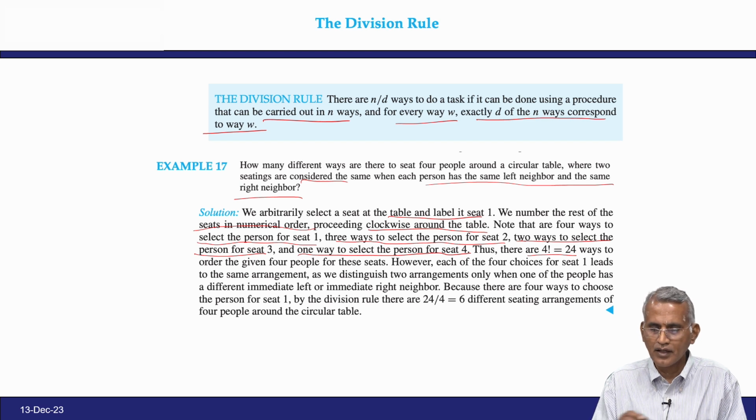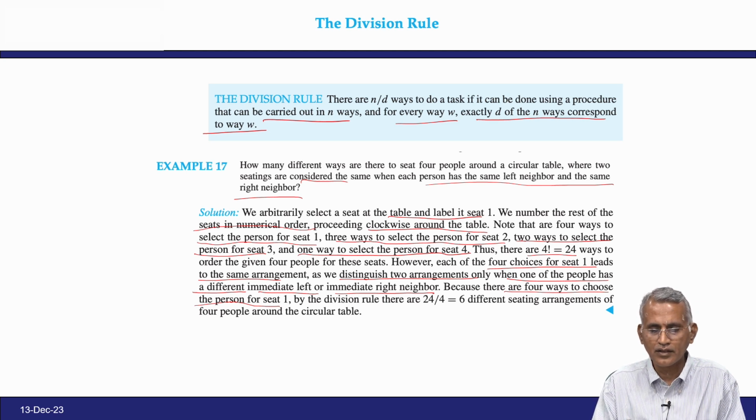However, each of the 4 choices for seat 1 leads to the same arrangement. We distinguish 2 arrangements only when one of the people has a different immediate left or immediate right neighbor, because there are 4 ways to choose a person for seat 1, according to the division rule.